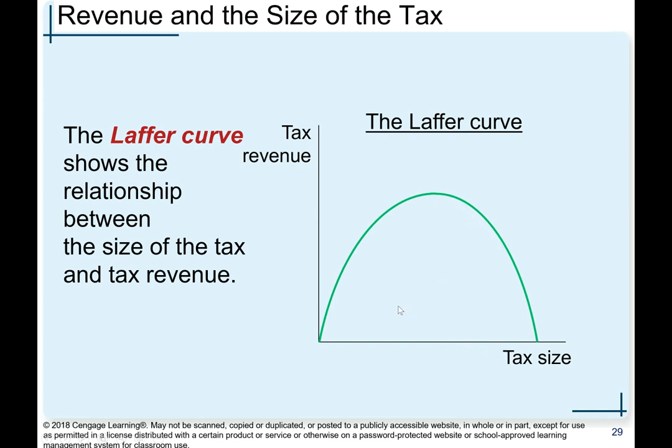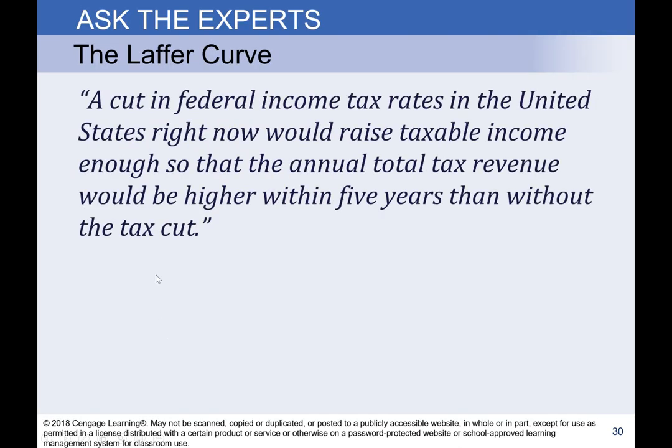So in the example, we saw that when you double the tax, revenue goes up. But when you triple the tax, then the government revenue goes down. So the Laffer curve shows the relationship between the size of the tax and tax revenue. Now, what do the experts say?